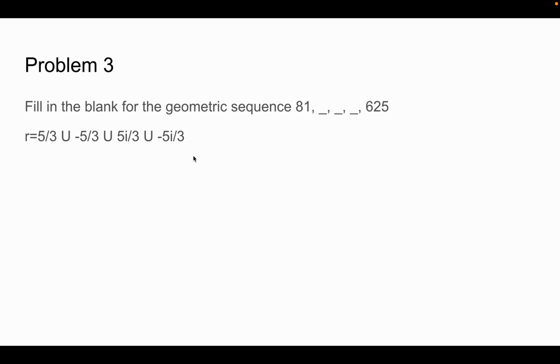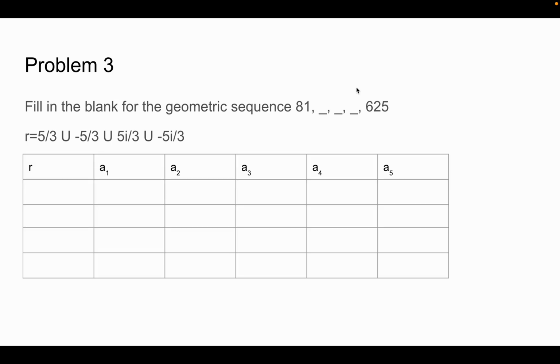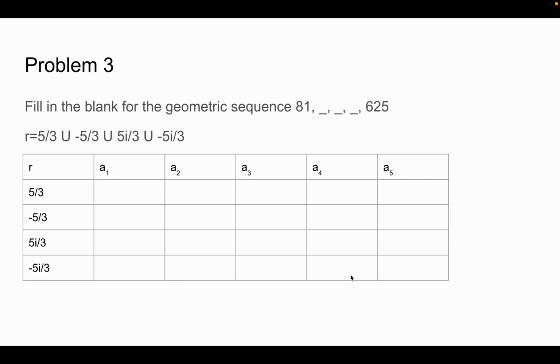Now we can just multiply all these by 81 over and over again. To be more organized, let's do it in a chart, where each row is a different possibility for r. Let's fill that in.